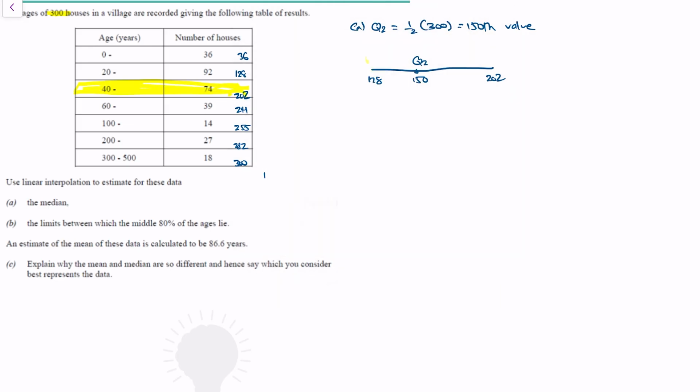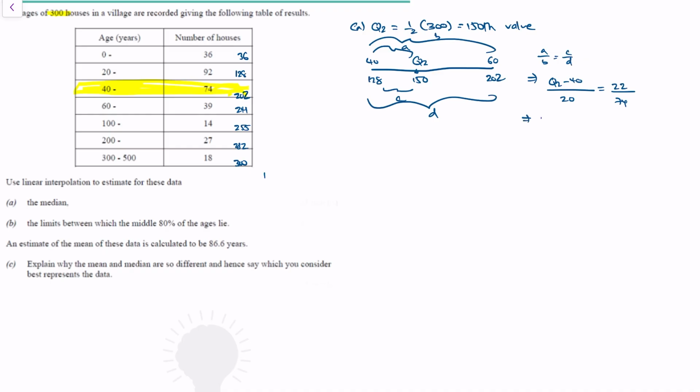So A over B equals C over D: Q2 minus 40 over 60 minus 40, which is 20, equals 150 take away 128, which is 22, over 202 take away 128, which is 74. So Q2 is 22 over 74 times 20 plus 40, which is 45.9459, which is 45.95 years.